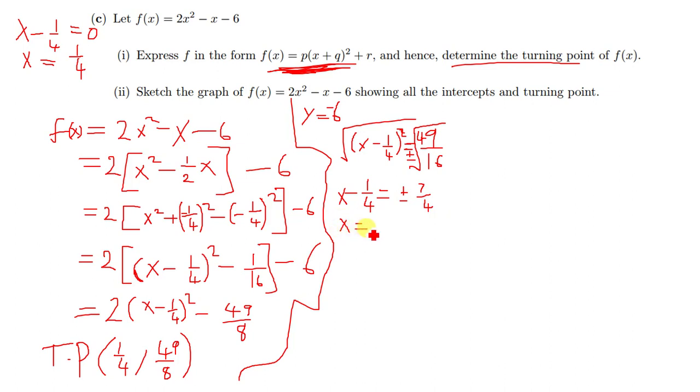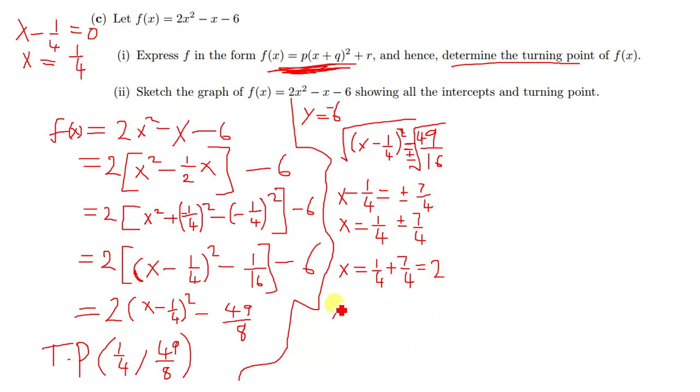So you're going to have 1 over 4 plus or minus 7 over 4. So the first value of x, we're finding the x-intercepts, will be 1 over 4 plus 7 over 4, which gives you 8 over 4, which is just 2.